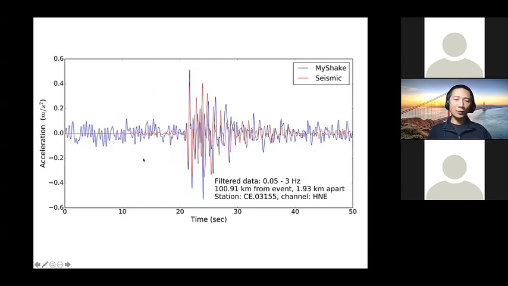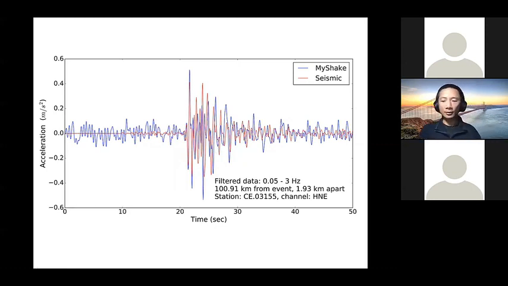At 100 kilometers away from the epicenter of the earthquake, the seismic stations recorded the P wave part, but the noise on the phone is so high that we didn't see the P wave part. We only detected the largest shaking amplitude part, which is the S wave.